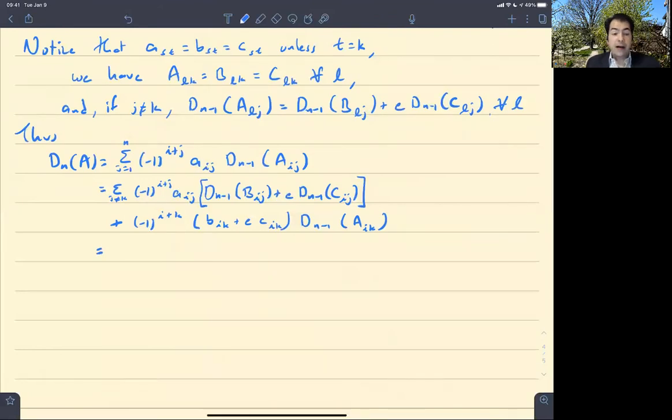Now, I want to write this avoiding A altogether. I want to use B and C instead.